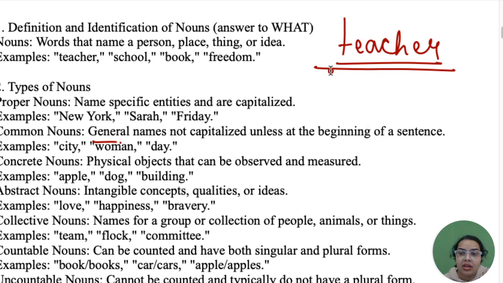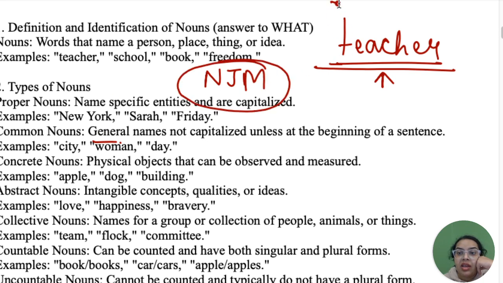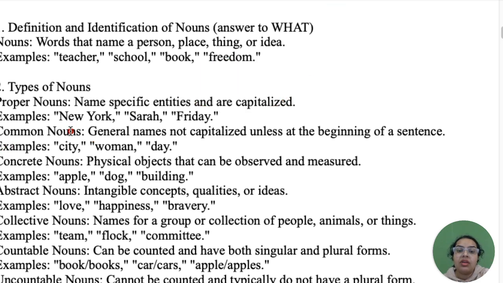So if I say, hey, go call your teacher, you'll ask me, which teacher, right? So teacher is a common noun. Whereas if you want to understand proper noun against it, it's Marika John Mehra. That's my name. Here teacher can stand for anyone who is teaching, right? So common nouns are the ones where you get countable and uncountable. We'll come to that in a while.